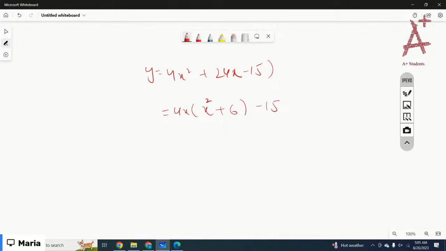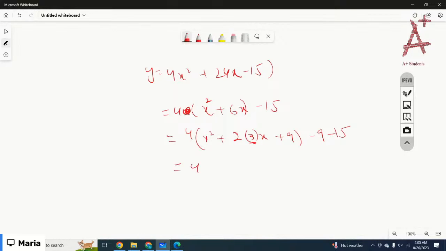For x square plus 6x, you don't need to take x common. Now you have to complete the square. It would be x square plus 2 times 3x. That means you have to add 3 square and subtract 3 square, right? So 3 square is 9, minus 9, minus 15.